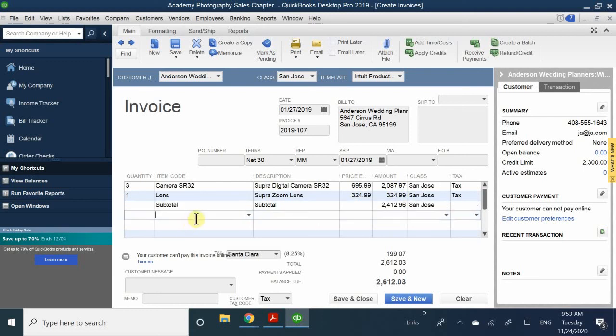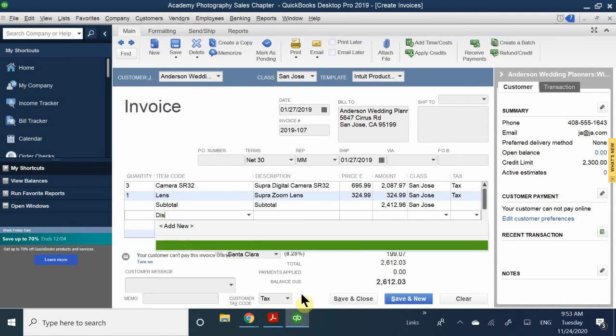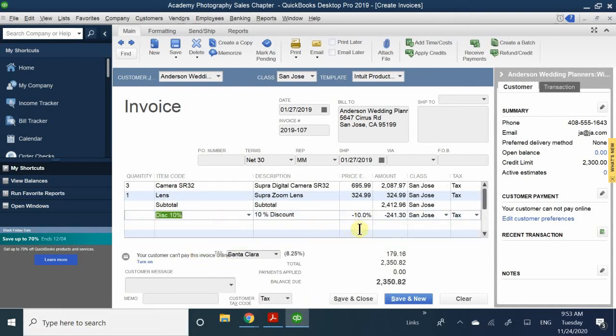Once I've entered my subtotal item, that's when I can go ahead and apply my discount item for 10%. And now it's showing me 10% is going to be negative $241.